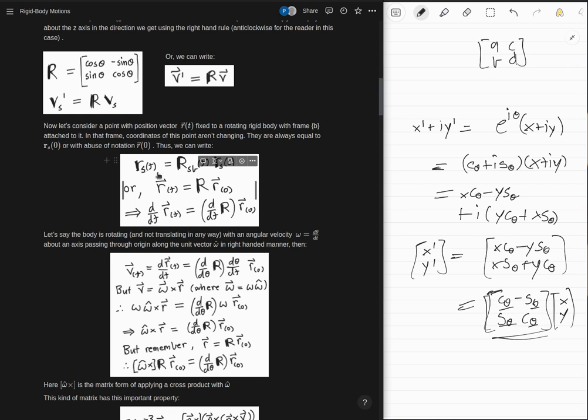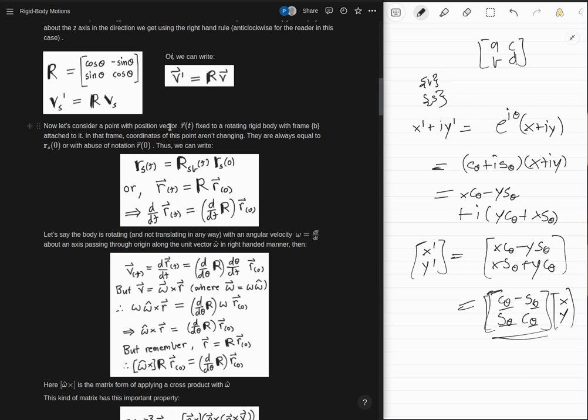So you can write the position, well, it's actually a point with position vector, fine, and that's fixed to the rigid body. So this R is the position of that point, and the rigid body itself is rotating with the origins of the frame B and the frame S coincident, right?